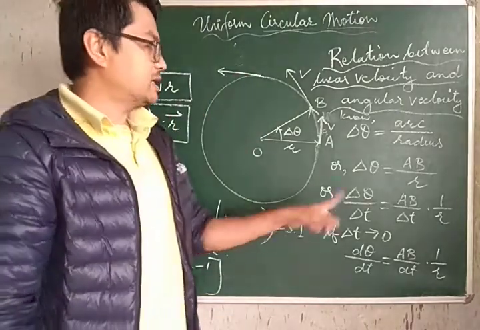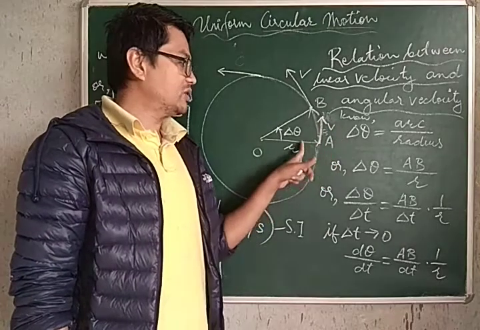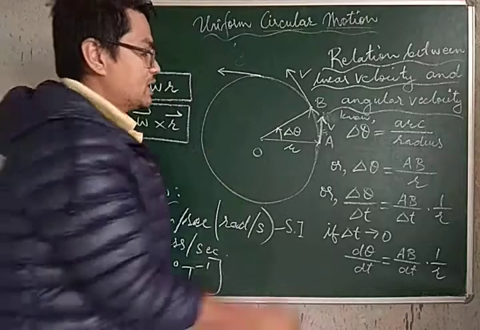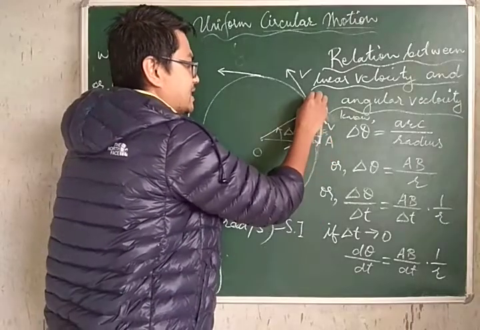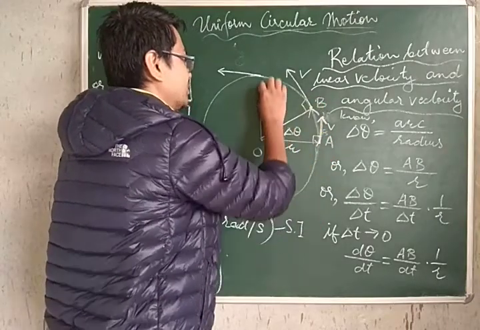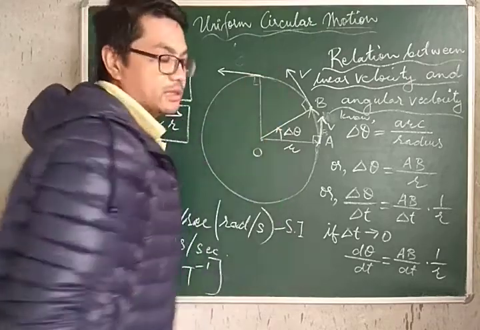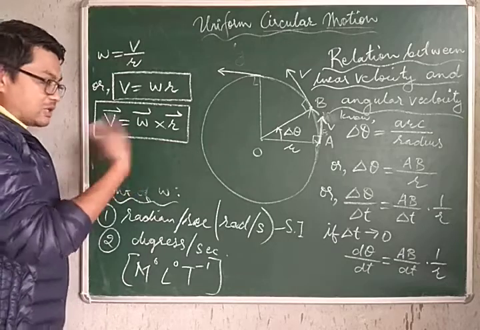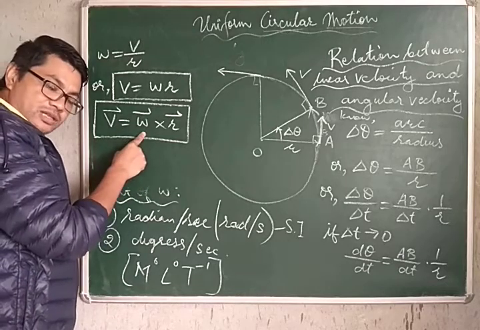And don't forget, the angle between the tangent and the radius is always 90 degrees. You've learned this in mathematics also. At any point you draw the radius and the tangent, the angle is 90 degrees. Remember that. So this is the vector relation between linear velocity and angular velocity.